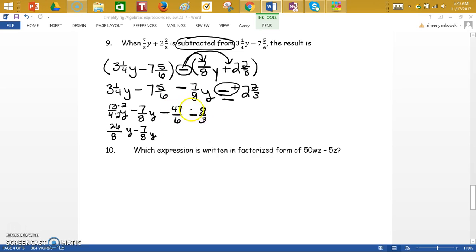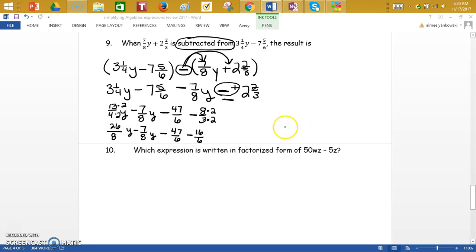Then here I also have to find a common denominator. My common denominator for my constants would be a 6. So I'd multiply my denominator and my numerator here by 2 so the denominators can match. So that's minus 47/6 minus 8 times 2 is 16/6.